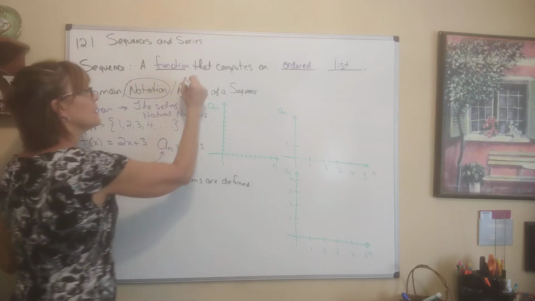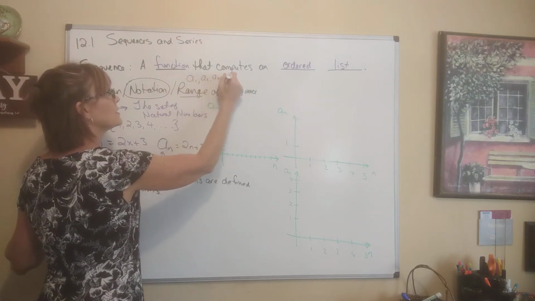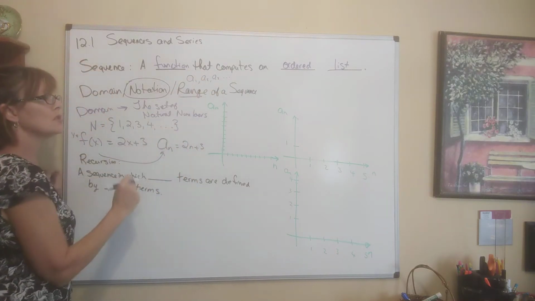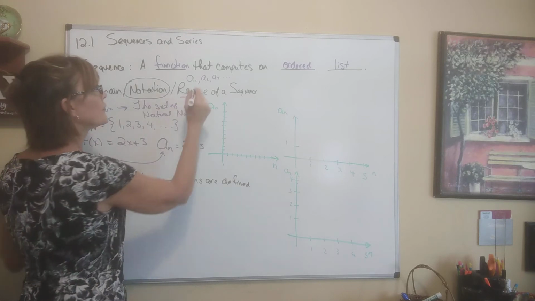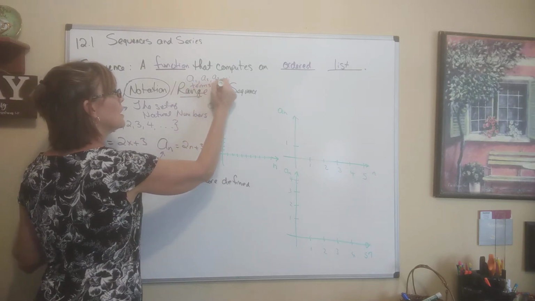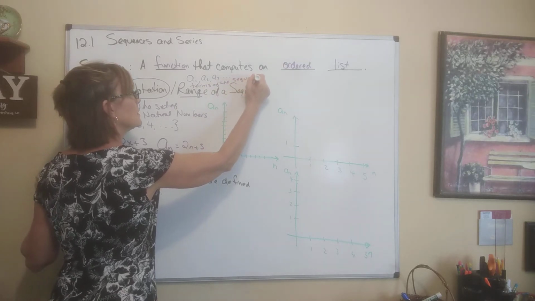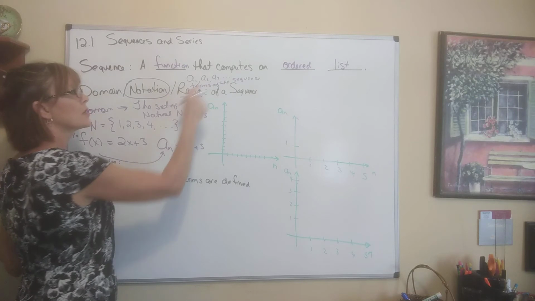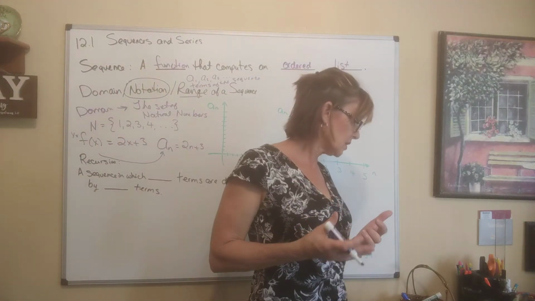So a sub 1, a sub 2, a sub 3, and so on. These are the range numbers, and these are referred to as the terms of the sequence. So the range is the terms of the sequence. Okay, so that's the basic notation we need to look at.